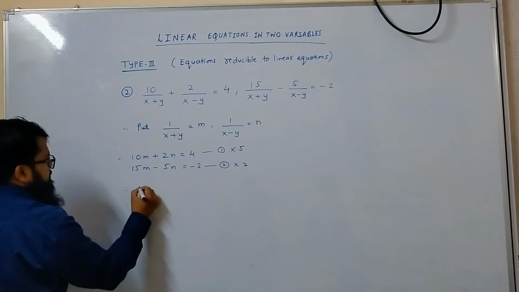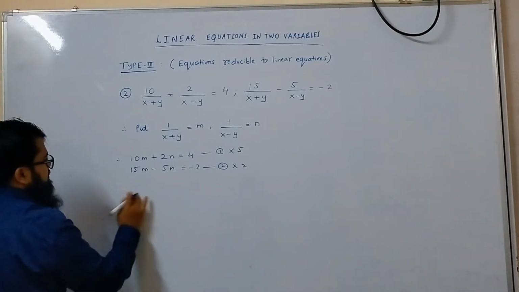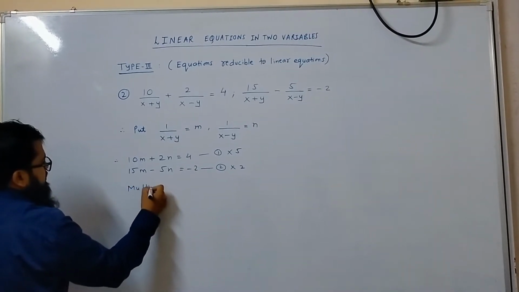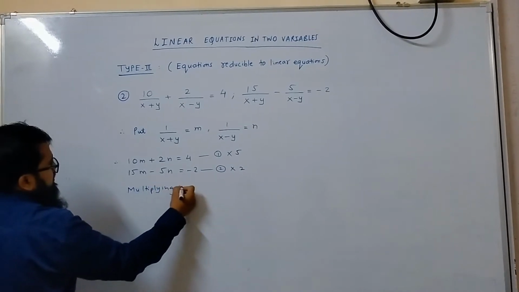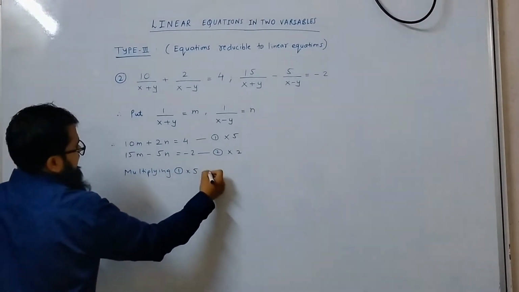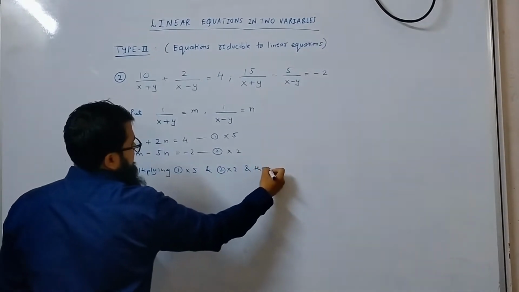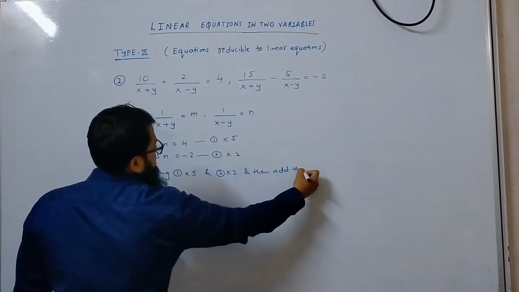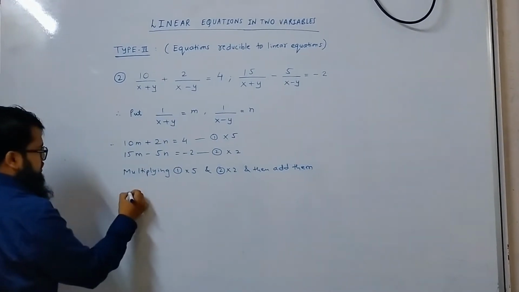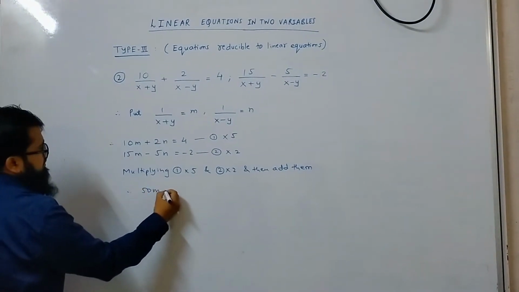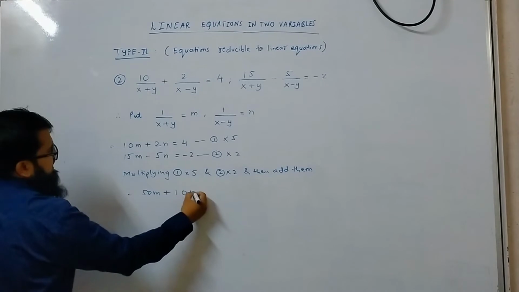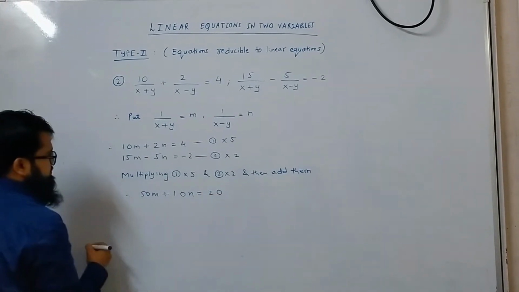So multiplying 1 by 5 and 2 by 2, and then add them. Therefore, we will get 50m plus 10n equals 20.